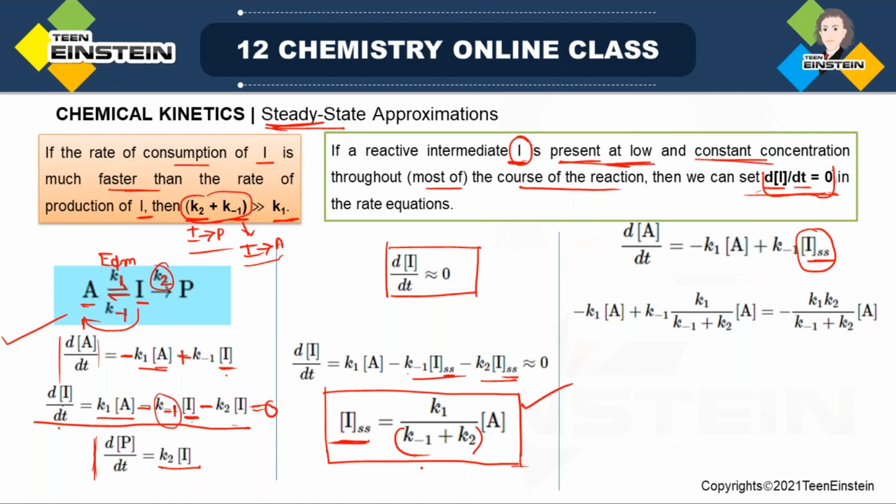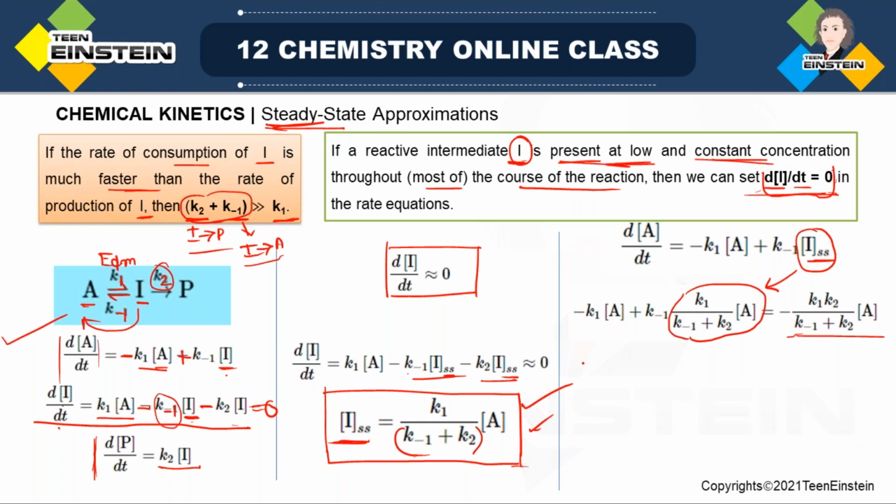From this expression you can write the value of ISS. Okay, we have taken it from this equation. Now ultimately we are getting this equation, and how are we getting it?